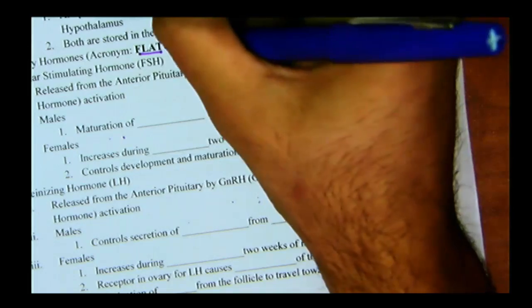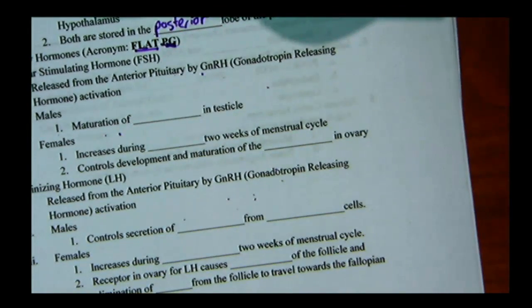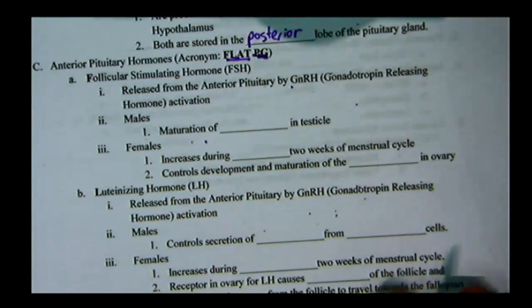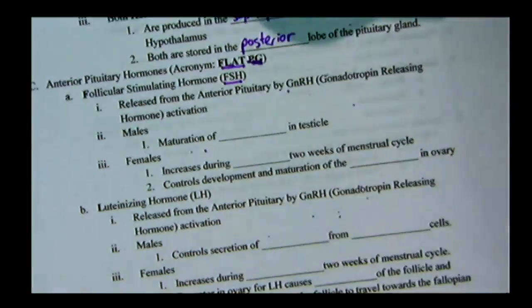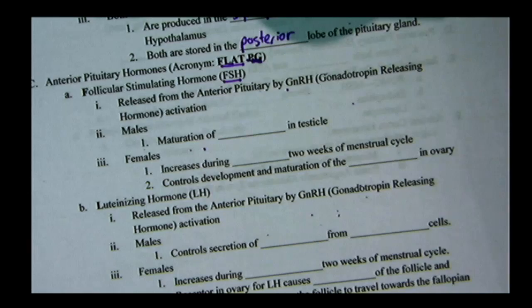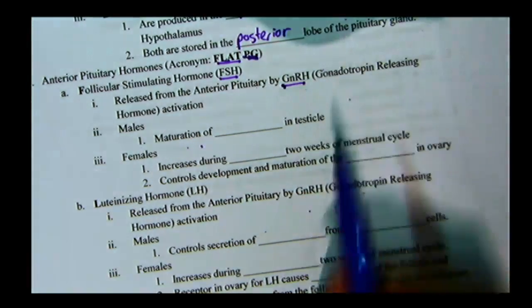So males, what does FSH do in males? Maturation of sperm. The way I remember that is FSH sounds like fish, and sperm look like fish. I don't know if that helps, but that's one way to remember it. So with females, it increases during which 2 weeks of the menstrual cycle?